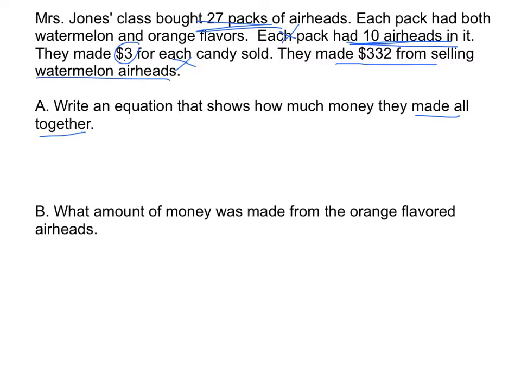So let's do that. To find out how many Airheads they bought, we need to know how many total packs there are, which are 27. So let's write that number down. And each pack had 10, so that's 27 times 10. Now, if they made $3 for each candy sold, and that's all the candy that's in there, they're going to have to multiply each of those times 3.